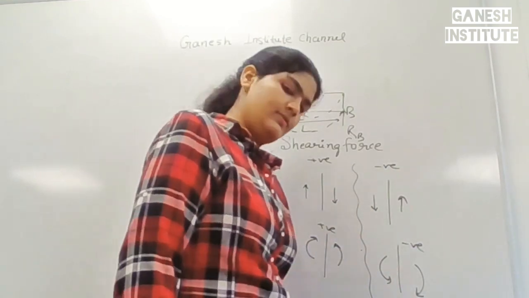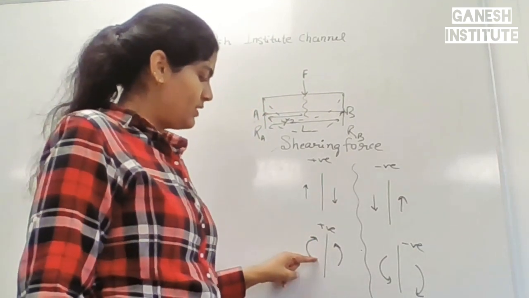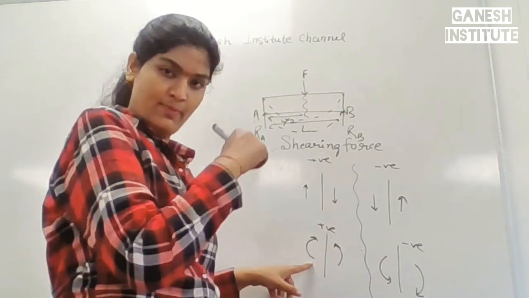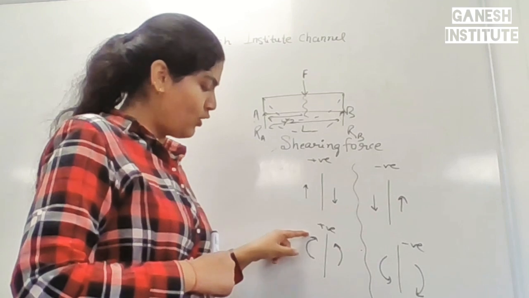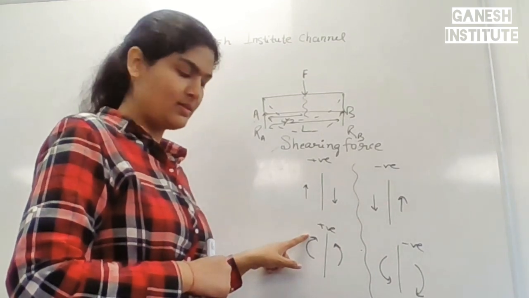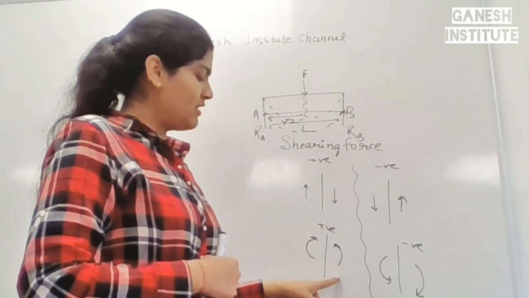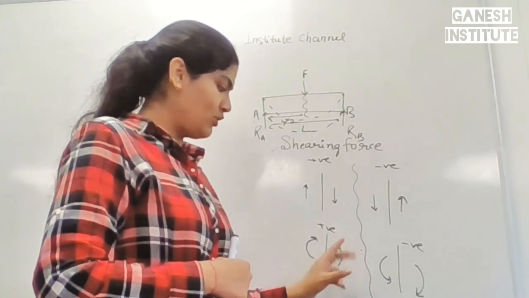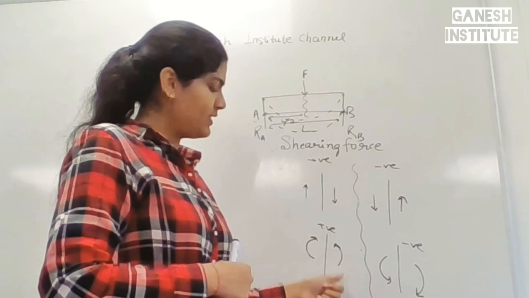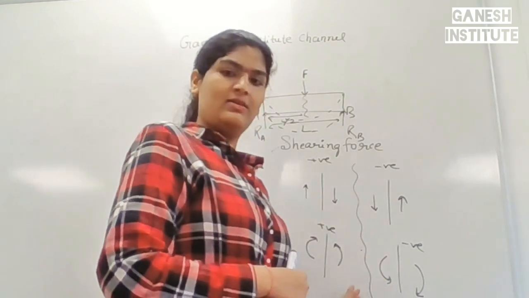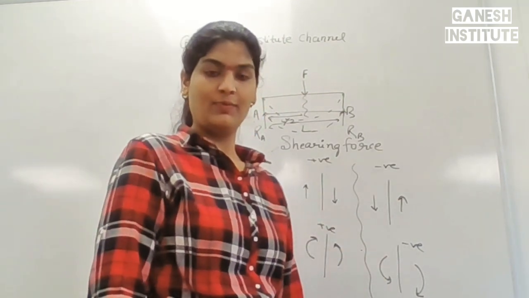For bending moment, if the bend occurs clockwise to the point, then it has to be taken as positive. If it exerts anti-clockwise on the right hand side, then also positive. And in contrast, it is negative.